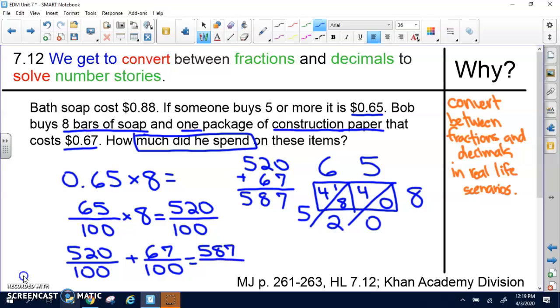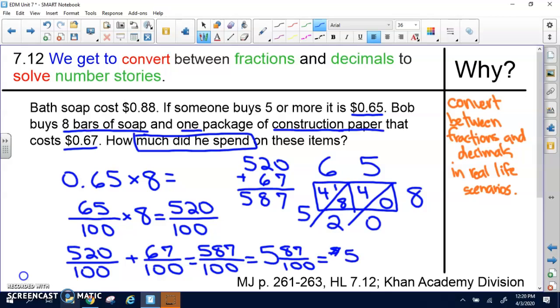587 hundredths. So now I can go ahead and turn that into a mixed number. So 100 can go into 587 5 whole times, and I still have 87 left over. So I have 87 hundredths. Now I can turn that back into my decimal. So my 5 is going to be my 5 wholes for my $5.